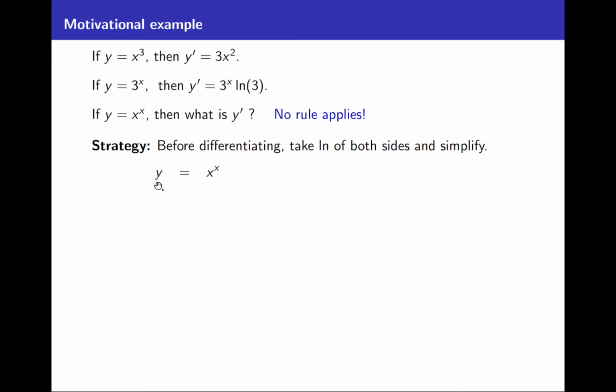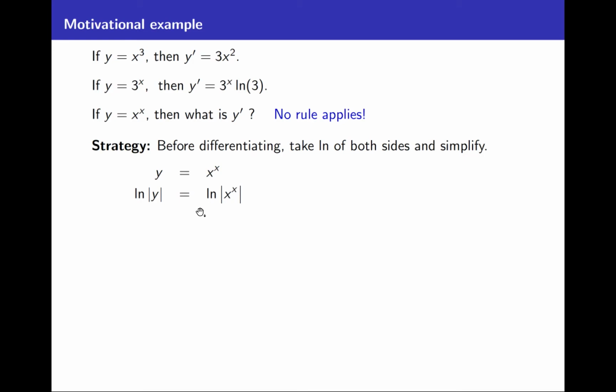We have y equals x to the power of x. That's what we want to find the derivative of. And take ln of both sides, or more precisely, take ln of the absolute value of both sides. You get ln of y equals ln of x to the power of x.